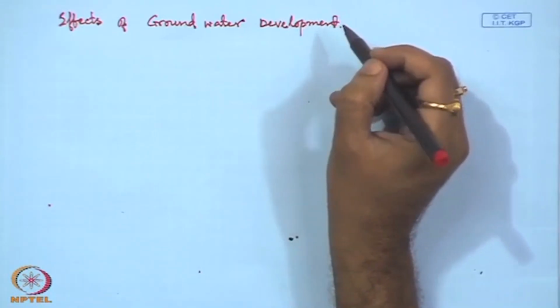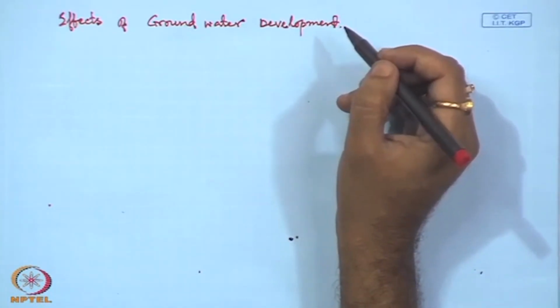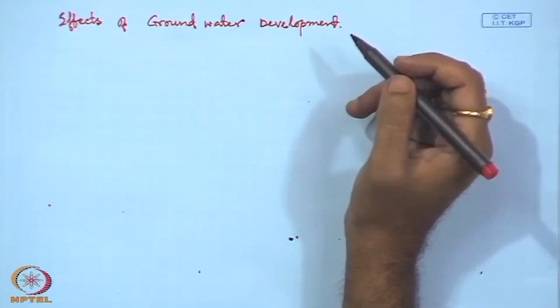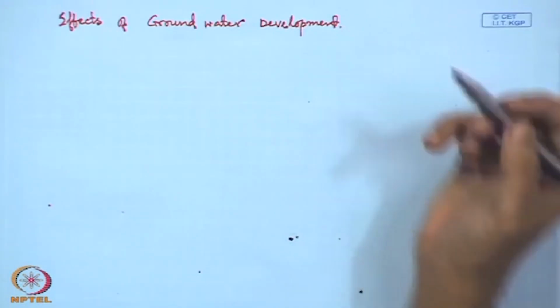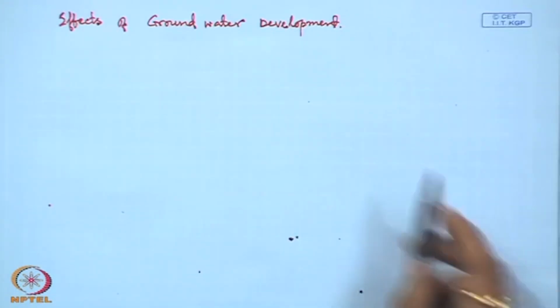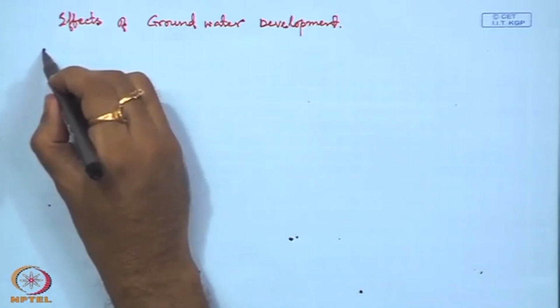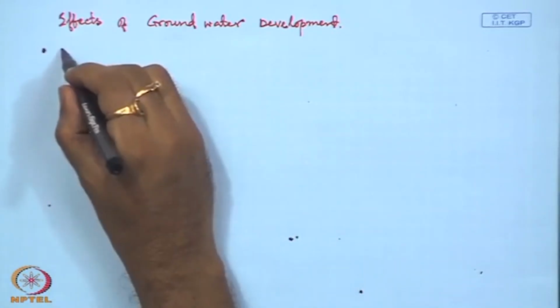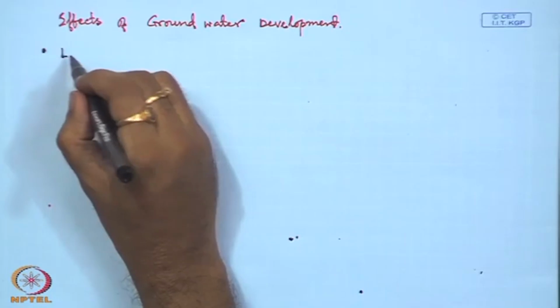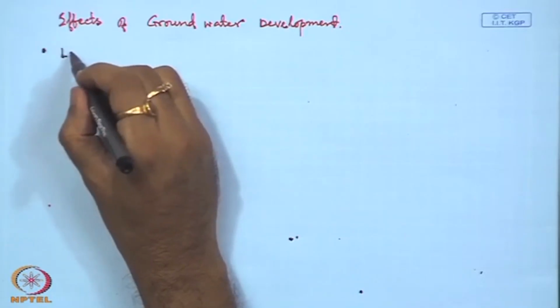So, what are the effects of groundwater development? The first effect is water level decline.